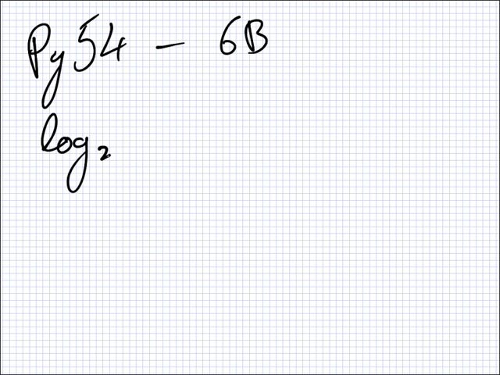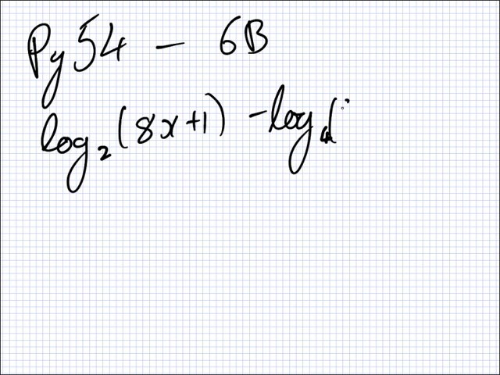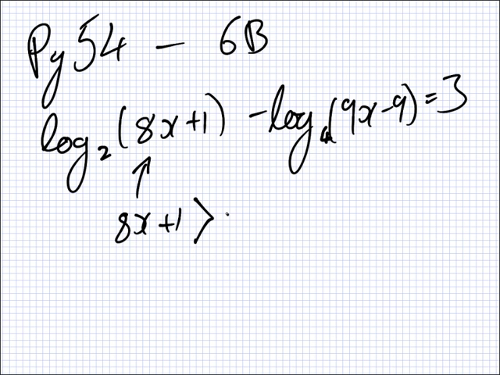Log base 2, 8x plus 1, minus log base 4, 9x minus 9, equals 3. First things first, let's figure out the possible domain for x. 8x plus 1 must be positive, and 9x minus 9 must be positive.